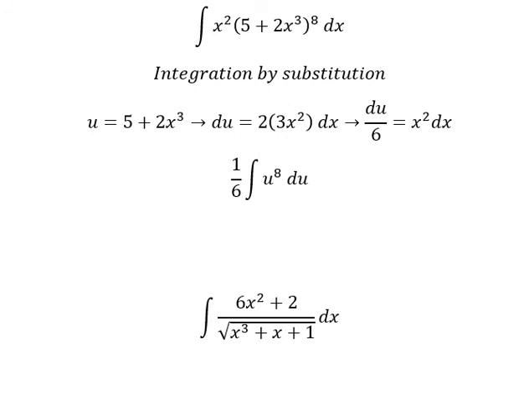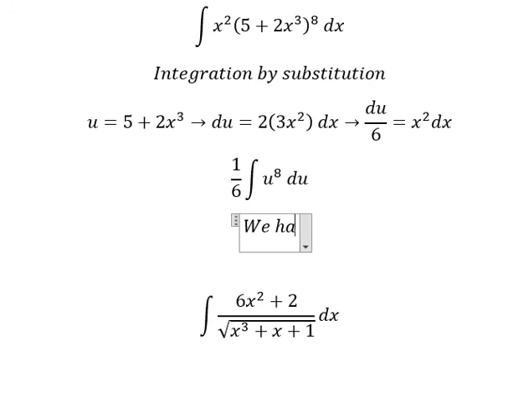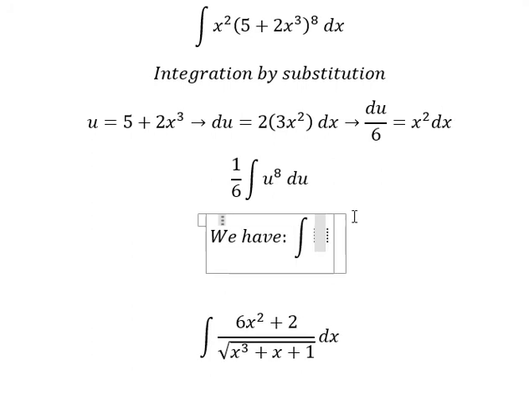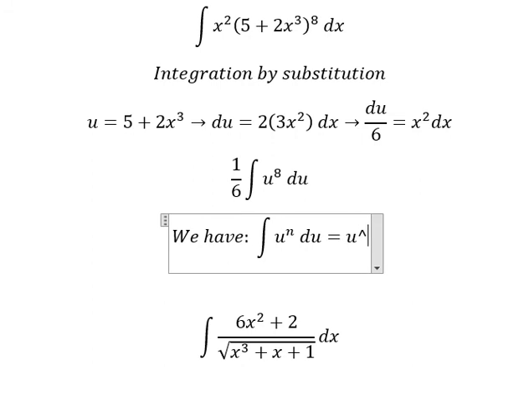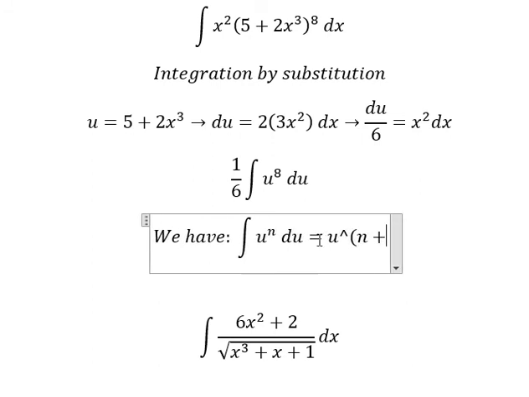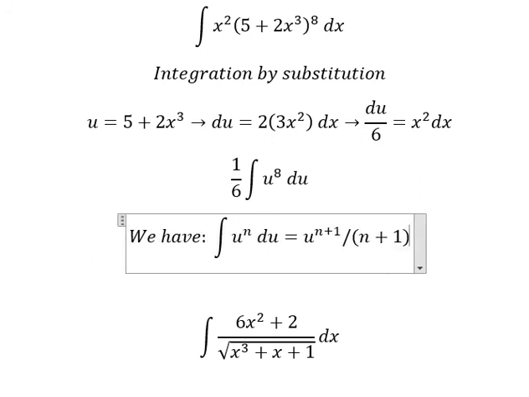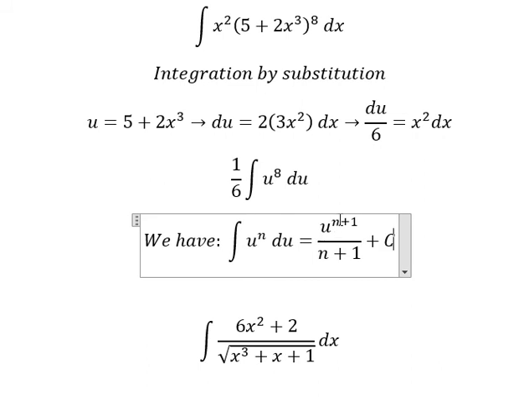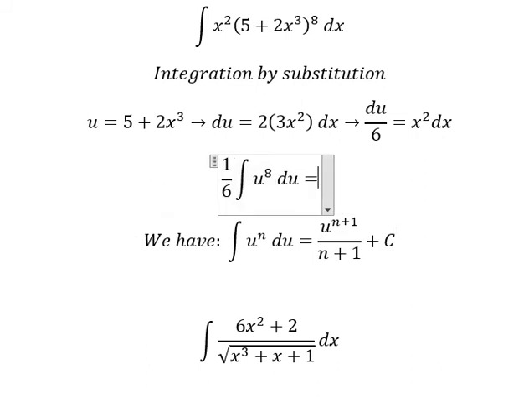Next, we have the formula in here. The integration of u to the power of n du, we have u to the power of n plus 1 over n plus 1, and I will put c. So we applied the formula in here.